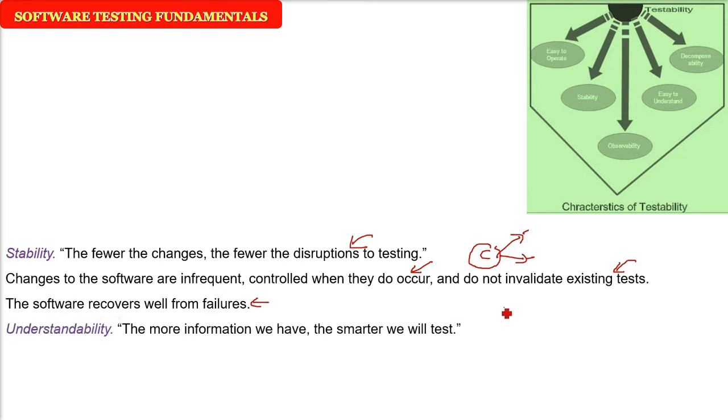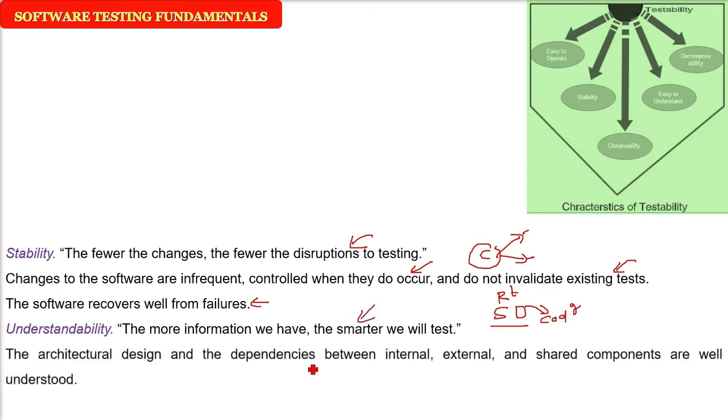Understandability. The more information we have about the software or the system, the smarter we will be at testing. For example, if you are doing white box testing and you know what is going on inside, then if a test comes up with an error, you are able to quickly locate and fix it. So if the architectural design and the dependencies between all the internal, external and shared components are well understood, then the software is testable.